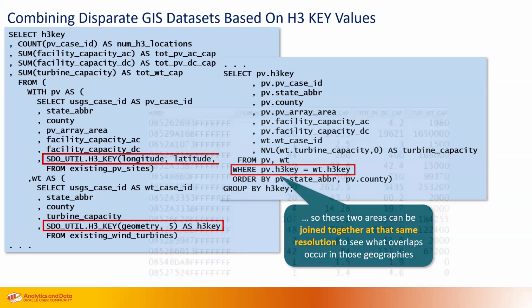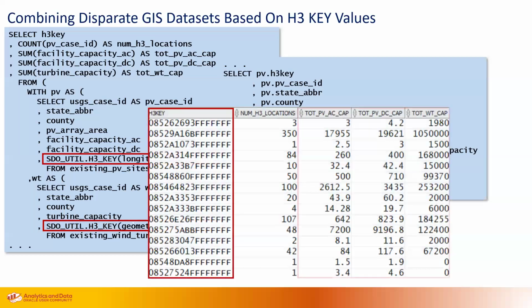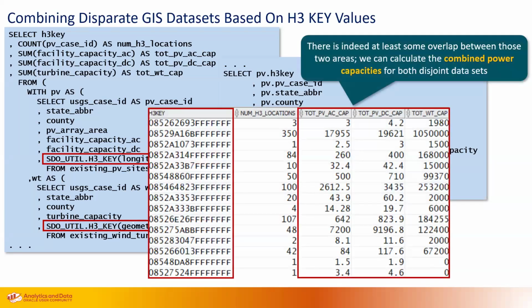And here's what I could get from them. If you take a look at the whole query, what I can tell you is at this H3 key level, there are a total of 3 locations. And for this one, I can tell you those 3 locations, right? They could be wind turbines or they could be photovoltaic arrays. I've got a total of 4.2.